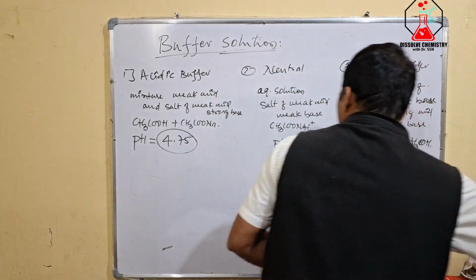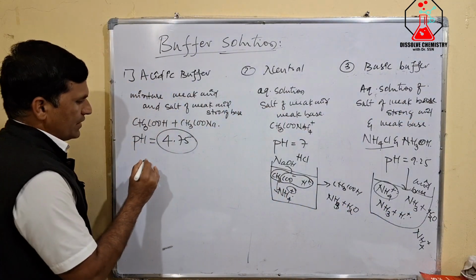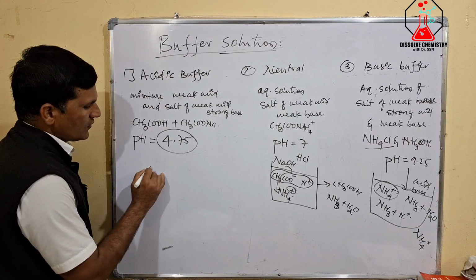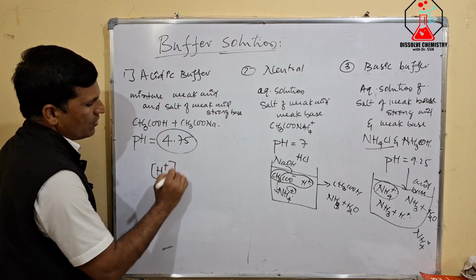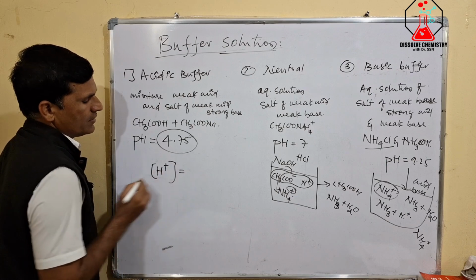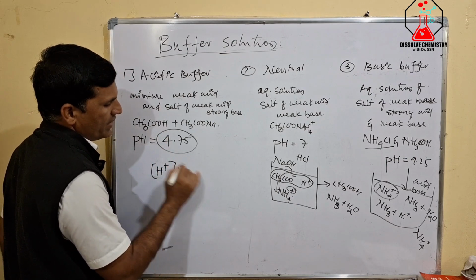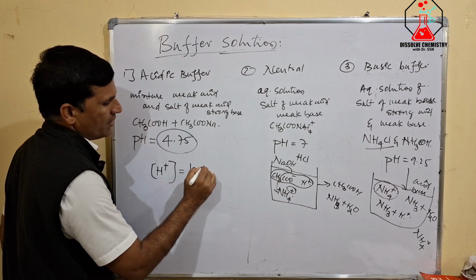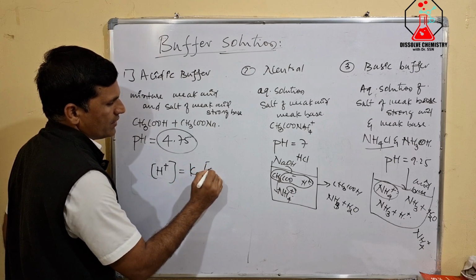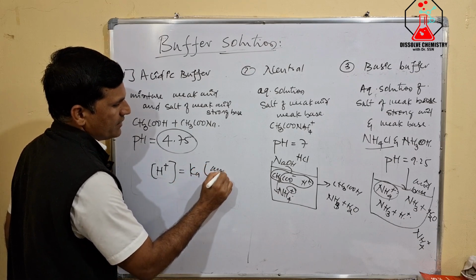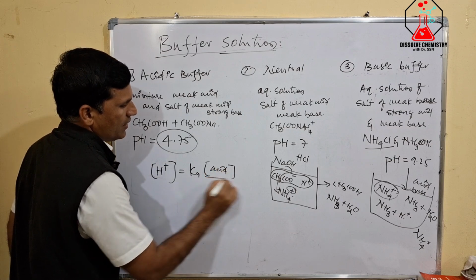Then how to check the pH of the solution, that we will see. Already we know that the hydrogen ion concentration of such solutions will be given by this equation, Ka into acid by salt.